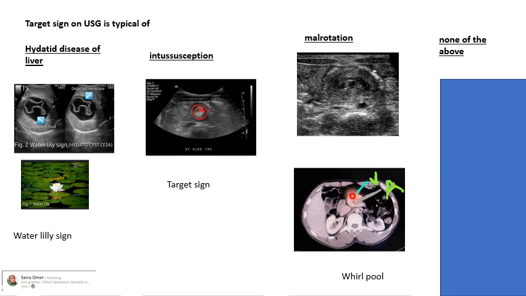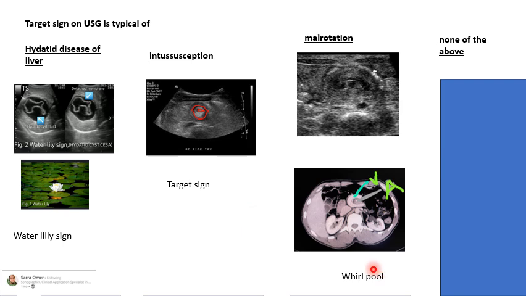The vein will be wrapping around the artery. Your superior mesenteric vein will wrap around your artery. So this is the malrotation, which is your whirlpool sign. You must not get confused between malrotation and intersusception. It's target sign, it's whirlpool sign.